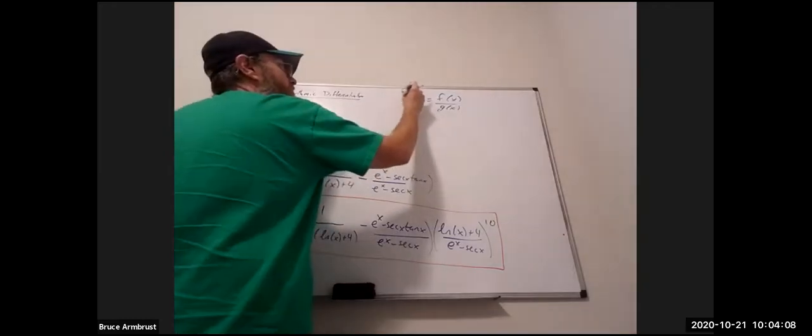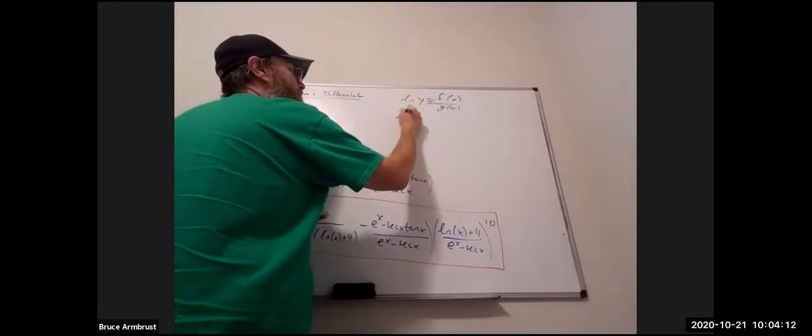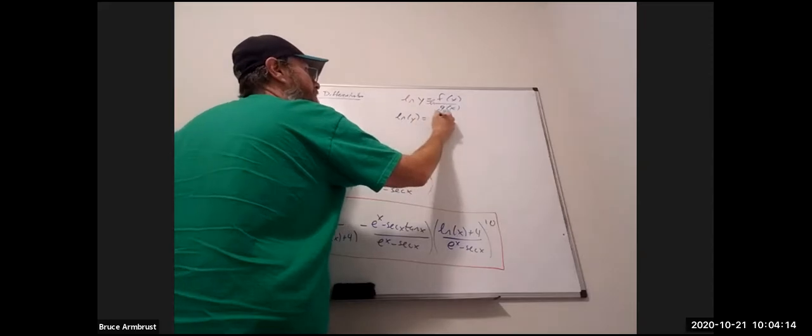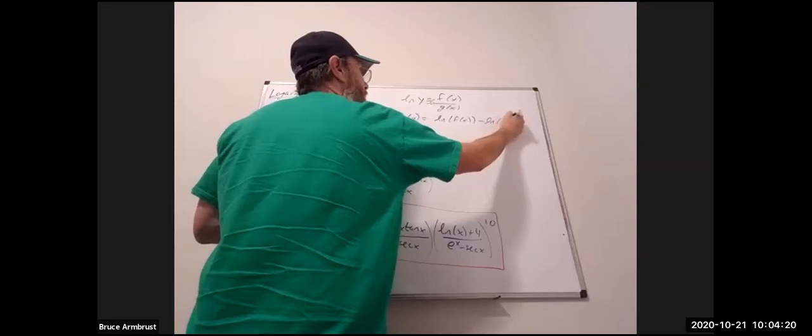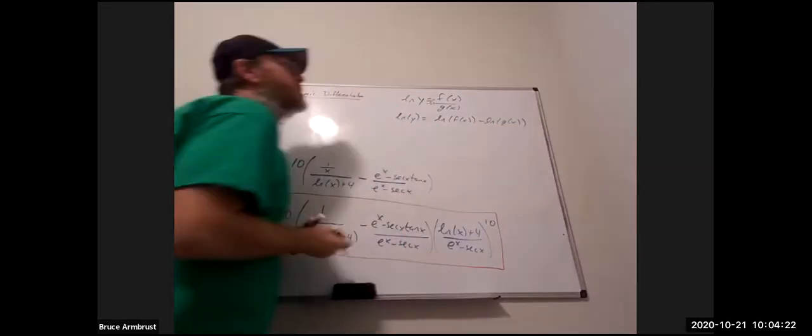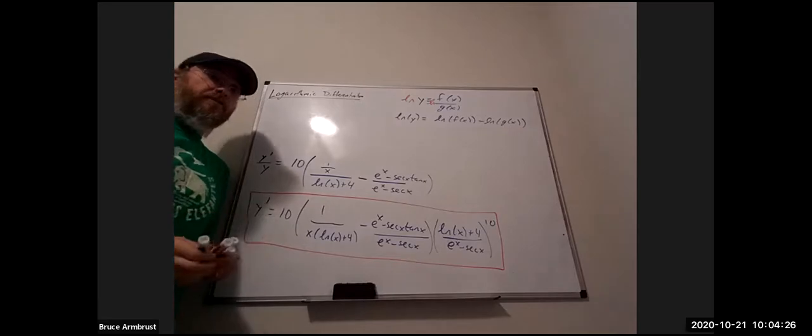So I'm going to take a natural log. So I get the natural log of y equals the natural log of f of x minus the natural log of g of x. Since I've got division, it gets split into subtraction.